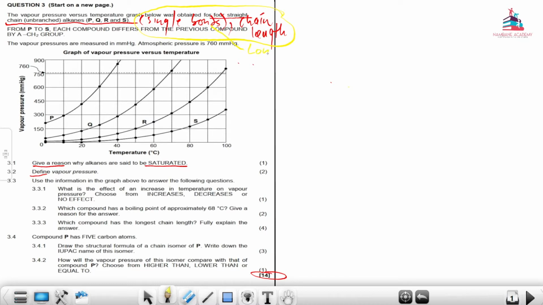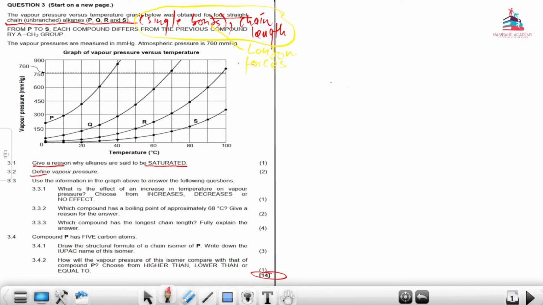I definitely know that I must have London forces because it's single bonds. So all this is me trying to understand the question before I even attempt to answer it. The question goes on to say that from P to S, each compound differs from the previous compound by a CH2 group.